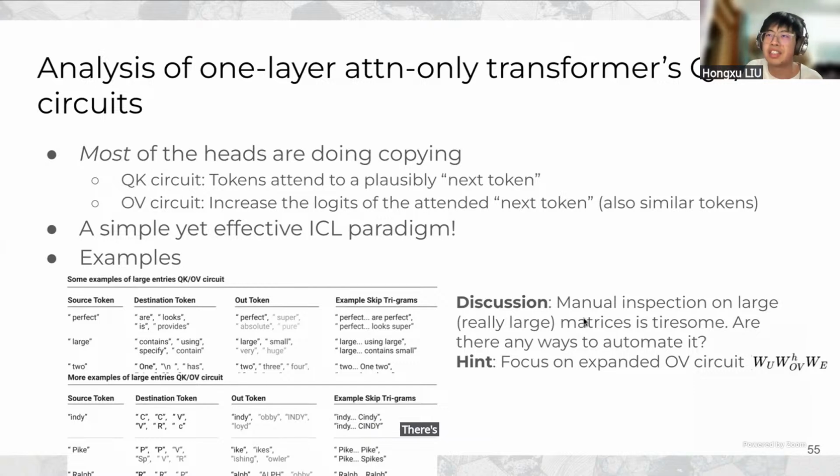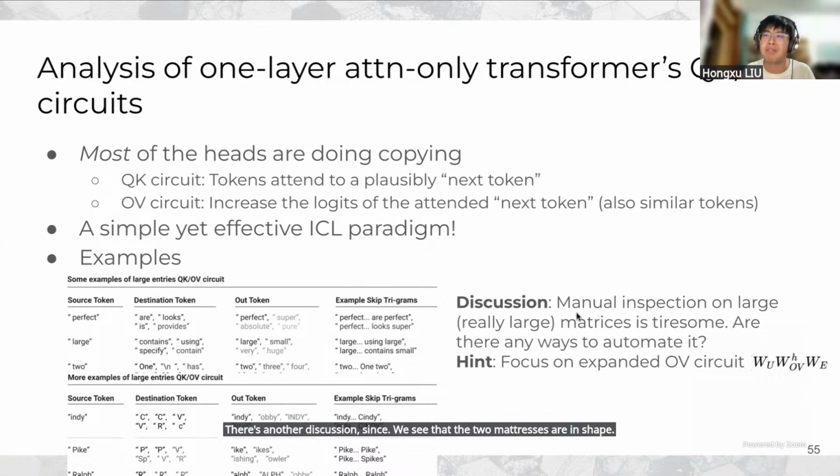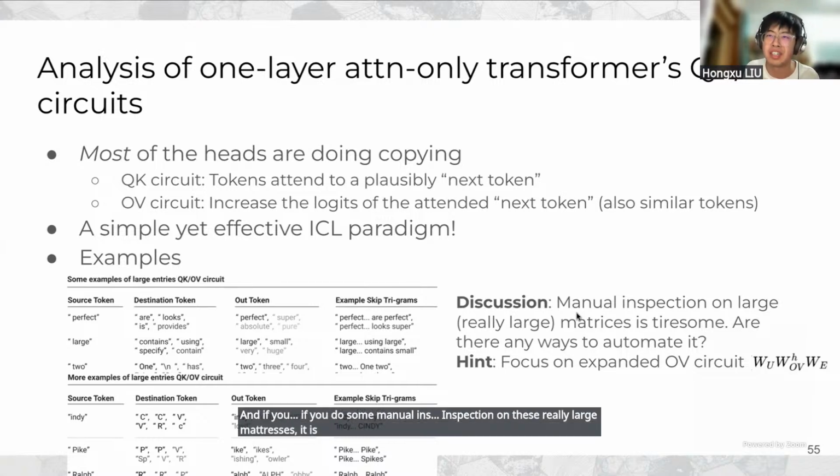There's another discussion, since we see that the two matrices are of shape vocab times vocab, so it is extremely large. If we do manual inspection on these really large matrices, it is always tiresome.